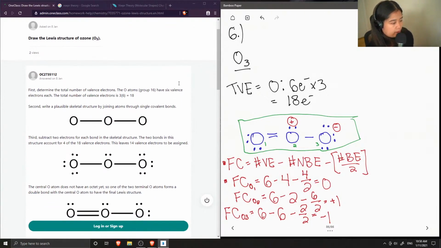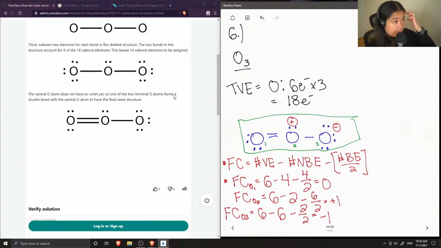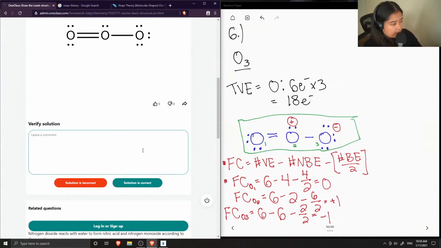So if we look at what the junior tutor said, they have the same thing. They didn't draw in the formal charge, so I'll just add that in the comments.